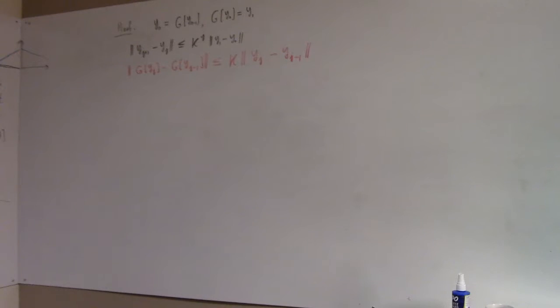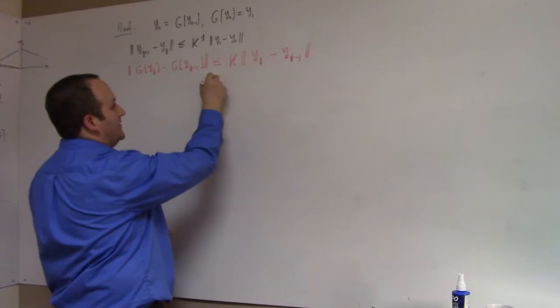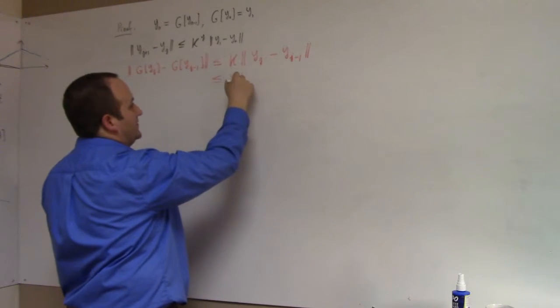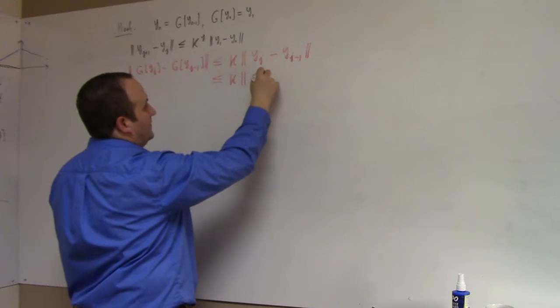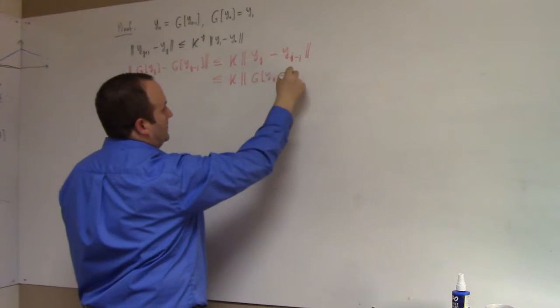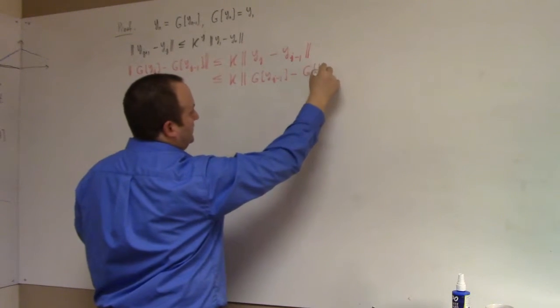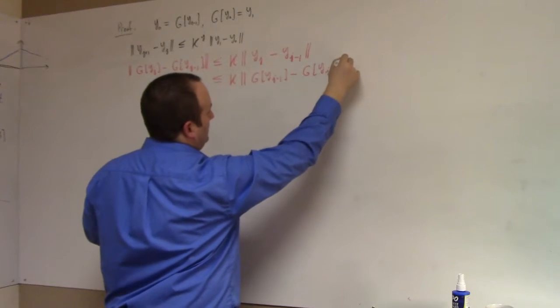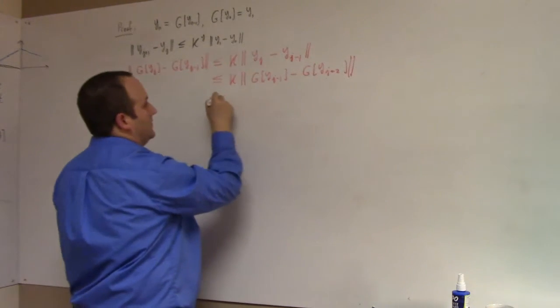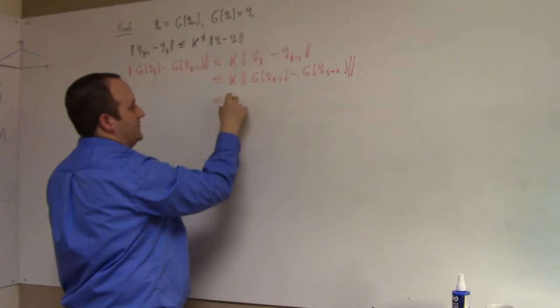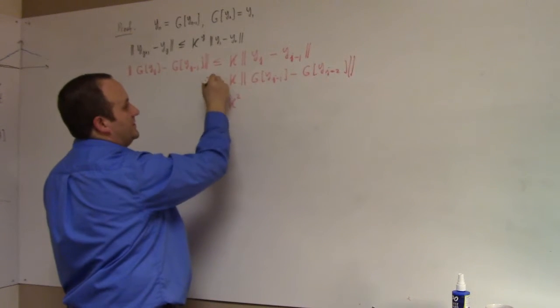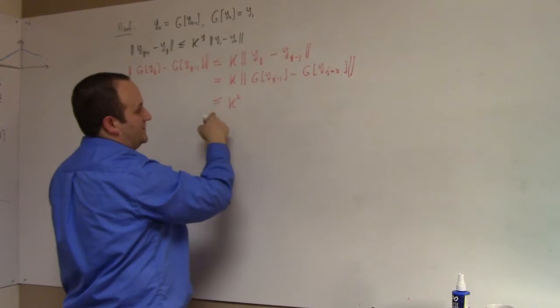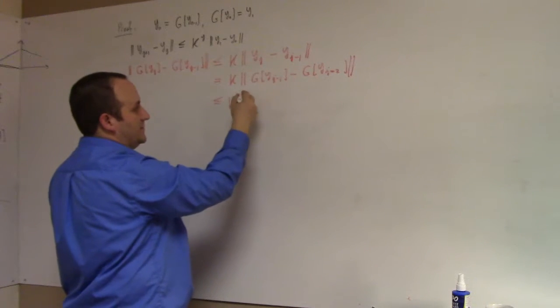But then that's less than or equal to k times the norm of g of yj minus 1 minus g of yj minus 2, which is less than or equal to k squared. This is equality, actually. Now I'm using the contraction again.